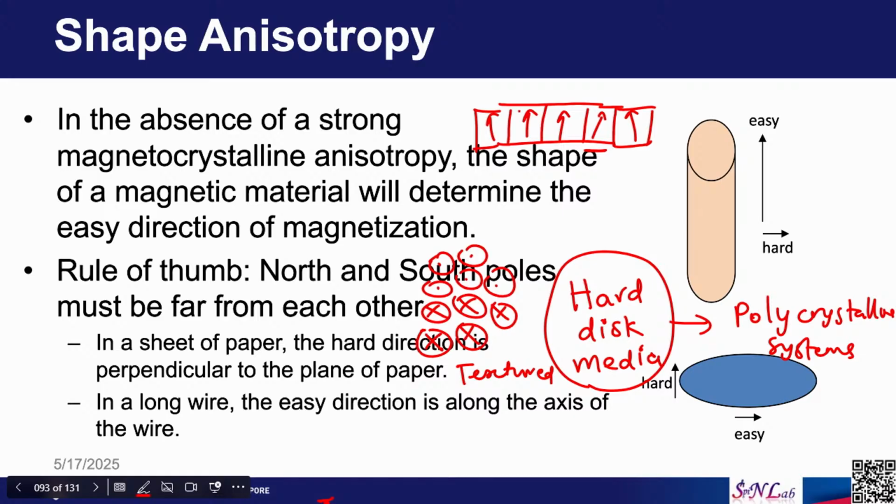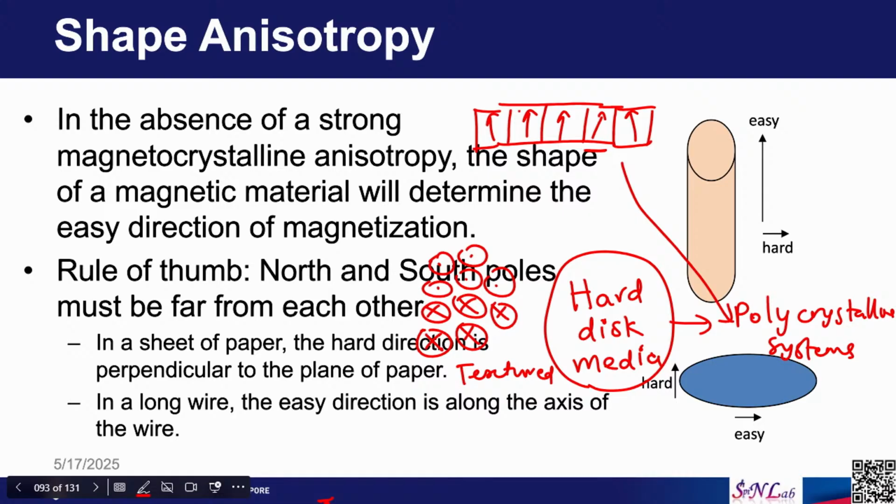This property you will see in polycrystalline materials, but in single crystalline material almost all the grains will be pointing in the same direction. Because of that you will see difference in the hysteresis loops.